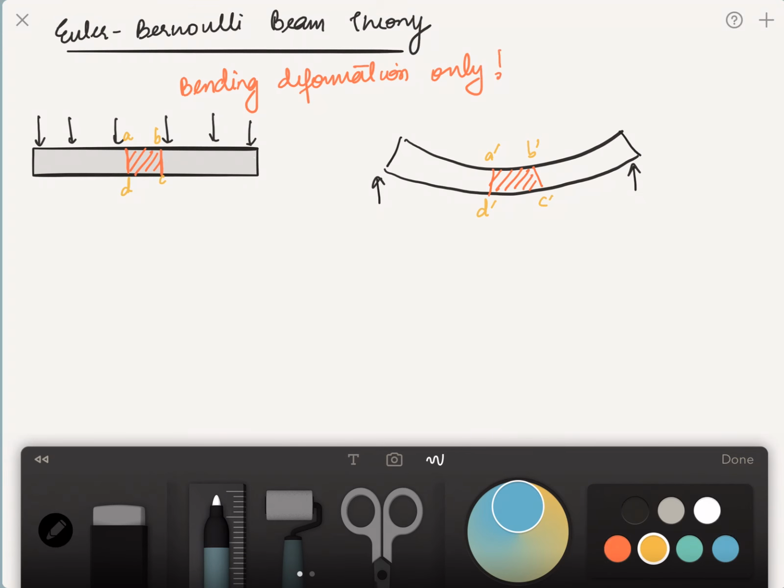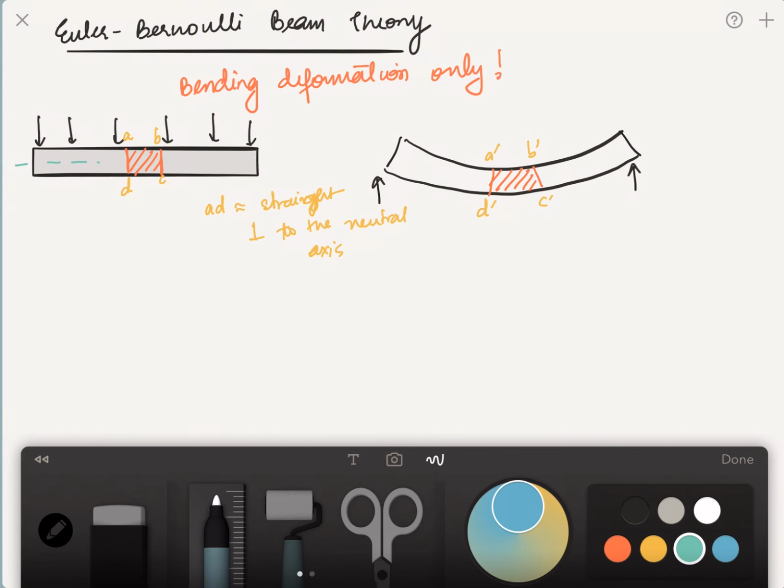But what's really important here is that in the Euler-Bernoulli beam theory, this plane AD will always remain straight and perpendicular to the neutral axis, even after deformation.